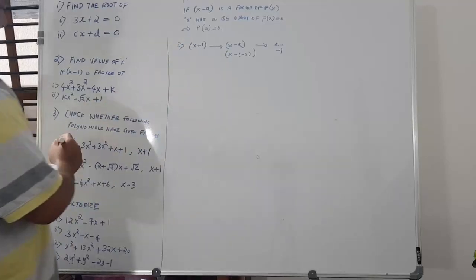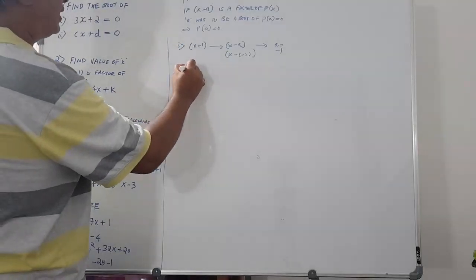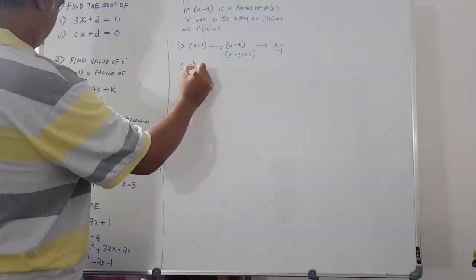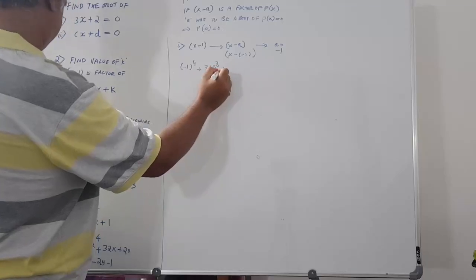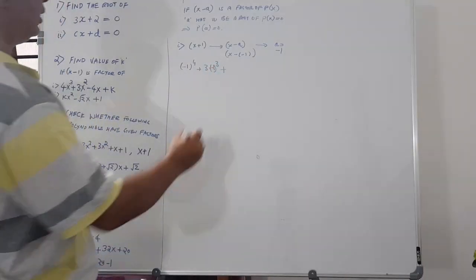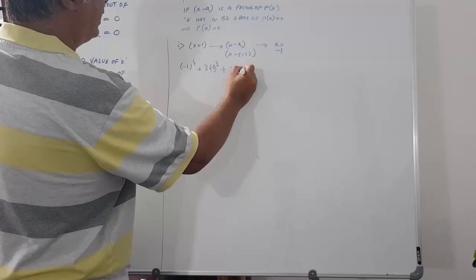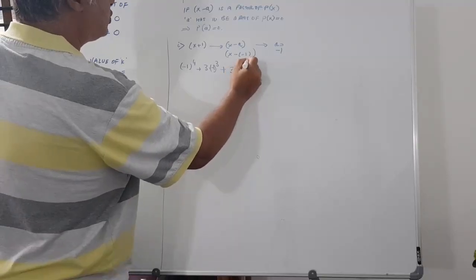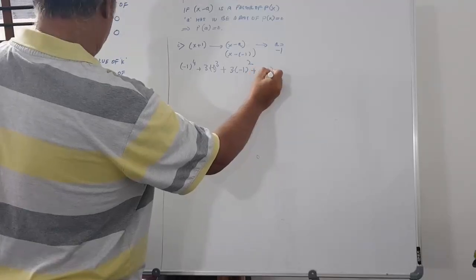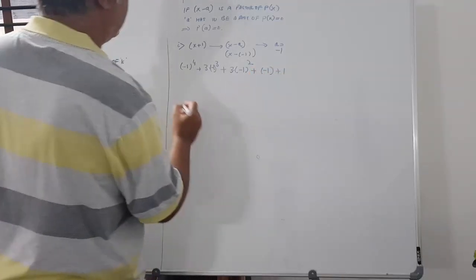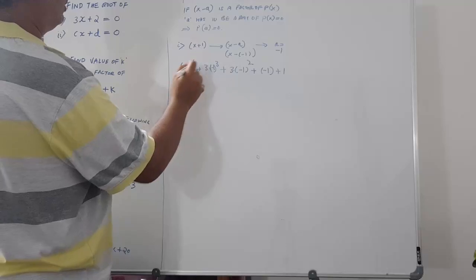So substituting minus 1 into this, I'll get minus 1 whole power 4 plus 3 into minus 1 cube plus 3 into minus 1 squared plus minus 1 plus 1, okay, that is equal to 1 minus 1 power 4.